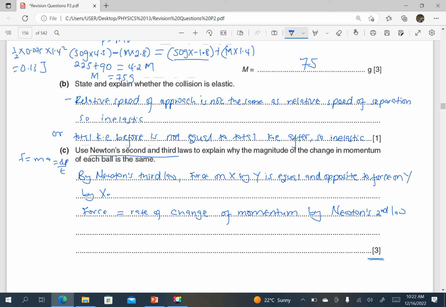The time of collision is the same for both balls. Hence, the change in momentum is the same.